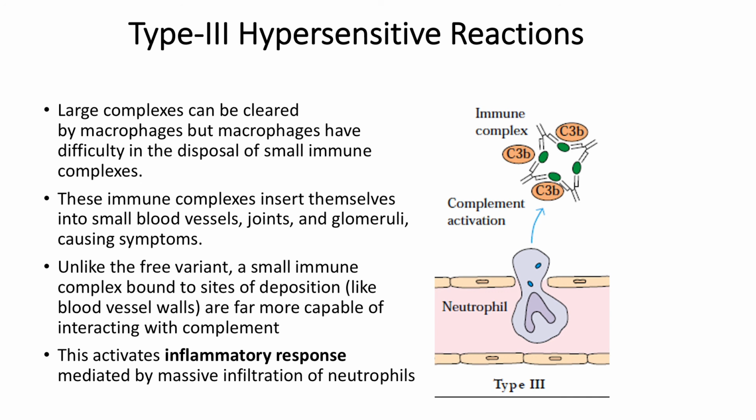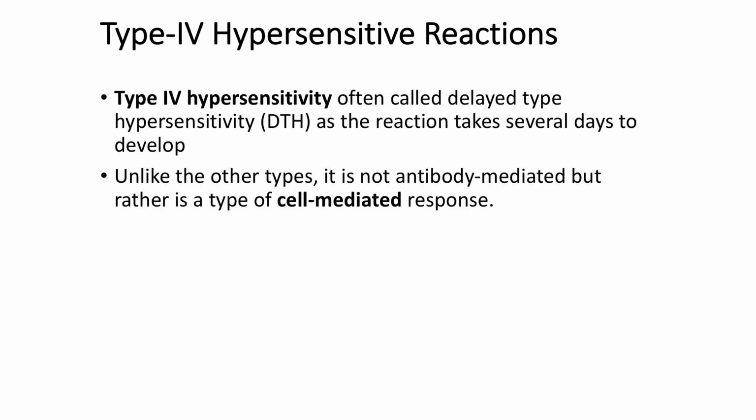Unlike the free variant, a small immune complex bound to site of deposition like blood vessel wall are far more capable of interacting with complement. So these small immune complexes, they can activate inflammatory response, which is mediated by massive infiltration of neutrophils and which causes type 3 hypersensitive reactions.